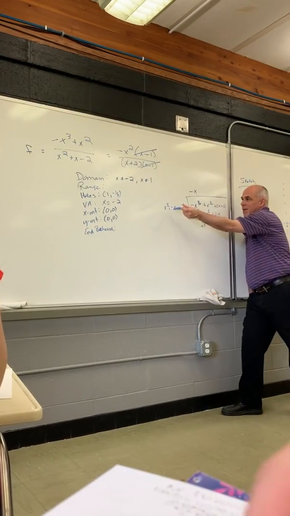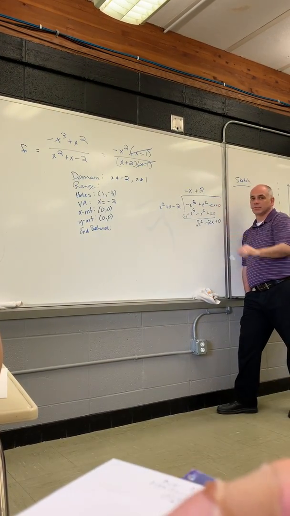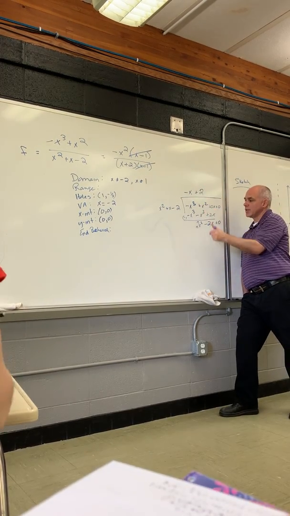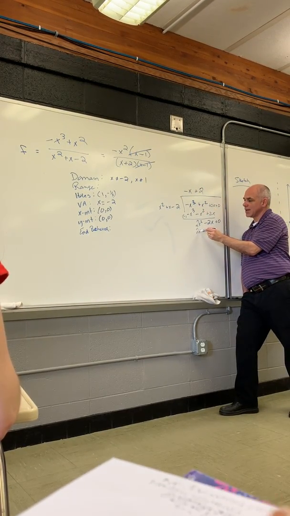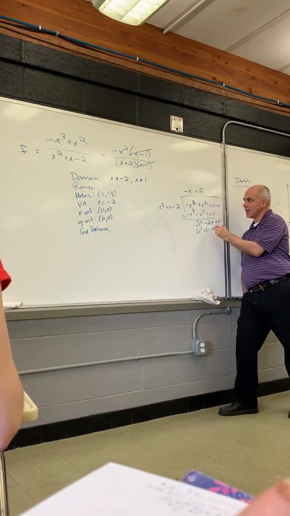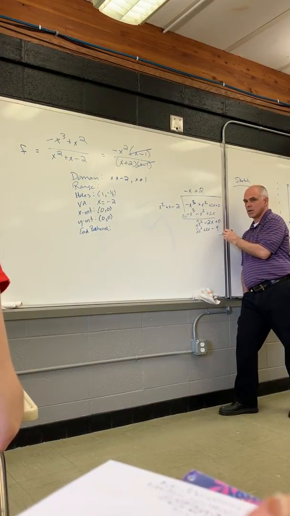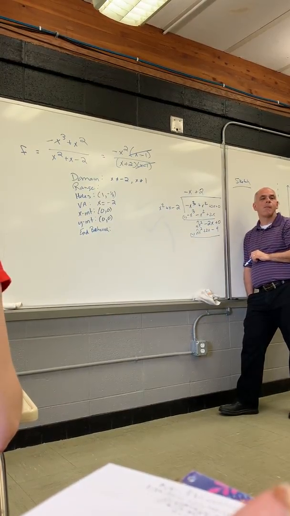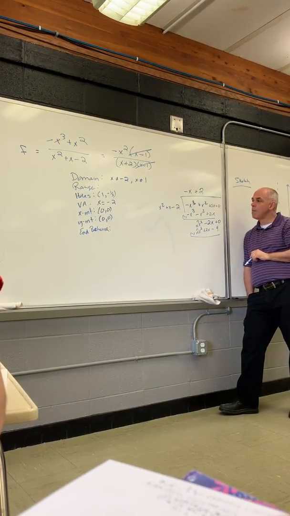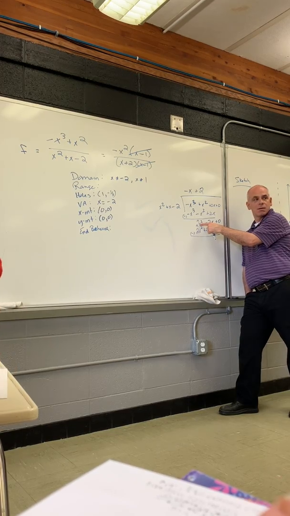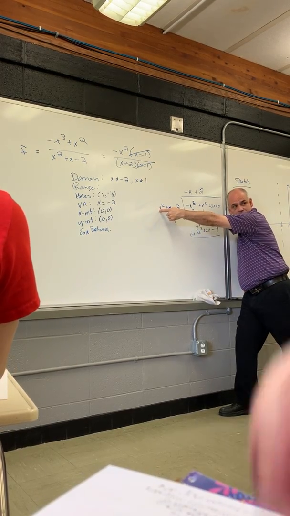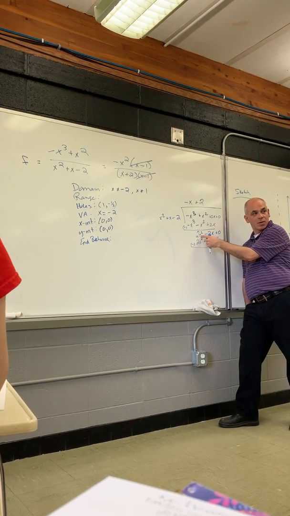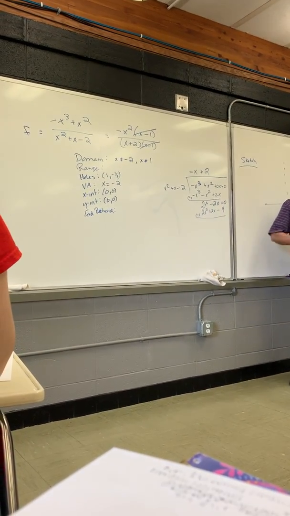And then I bring down my plus 0. 2x squared divided by x squared is 2. If I distribute this in, I get 2x squared plus 2x minus 4. And I have to subtract. Wait, how do you get the 2 on top? I take this, divided by that. I need to have the same thing underneath, so when I subtract, I cancel.